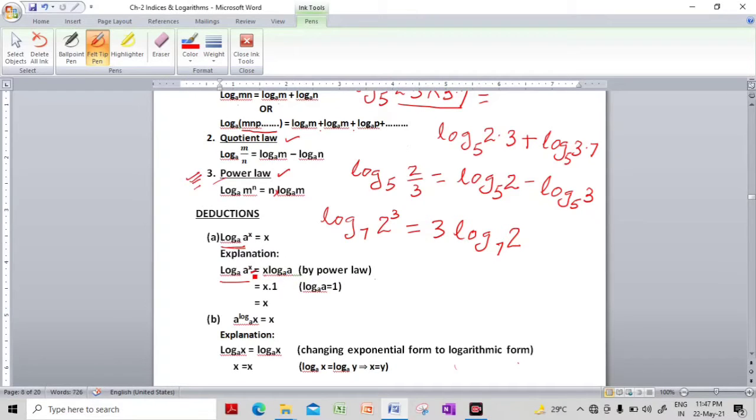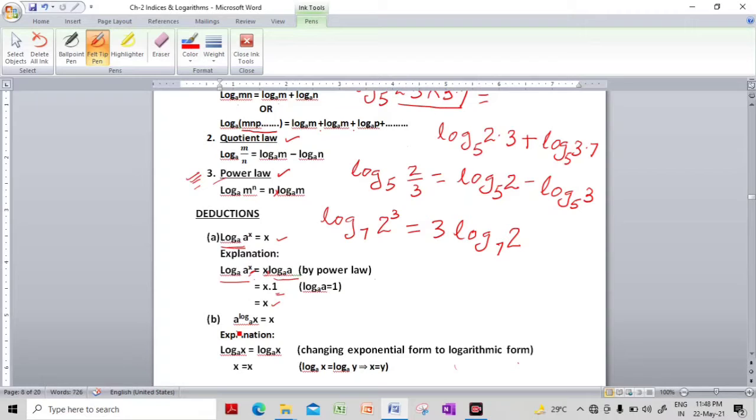Students, please note that here the power x is written with the log in multiplication. Now we know that log of a to the base a is equal to 1, which we have already studied in the previous class. So in place of this, I can write 1, and x into 1 is x, which is equal to my RHS.